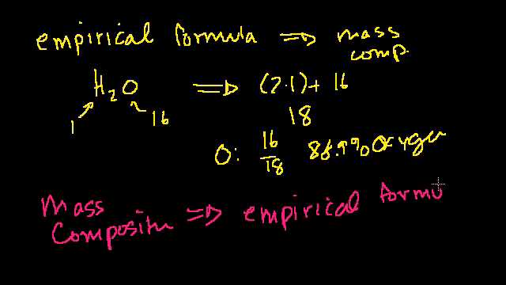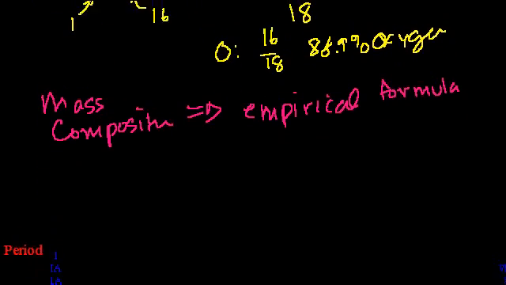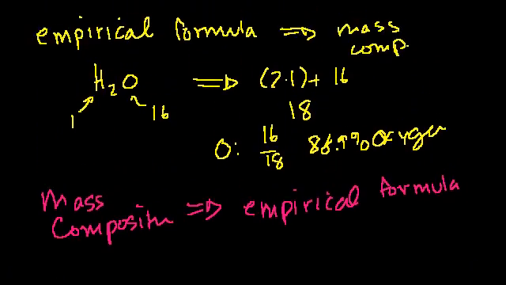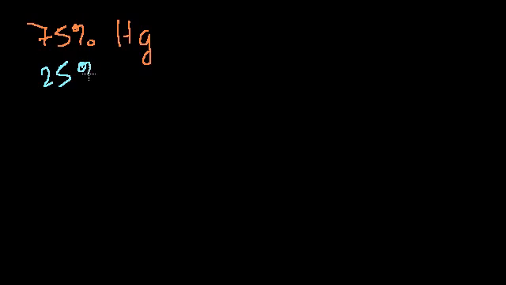So back to the empirical formula. Let's do some exercises here to see if we can get someplace. Let's say I am told that I have a bag of stuff, and 75% of that bag is mercury, Hg, and the other 25% of the bag is chlorine.